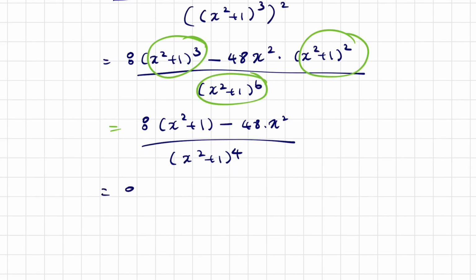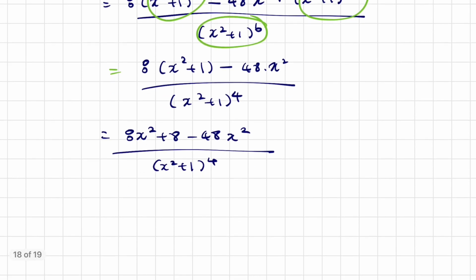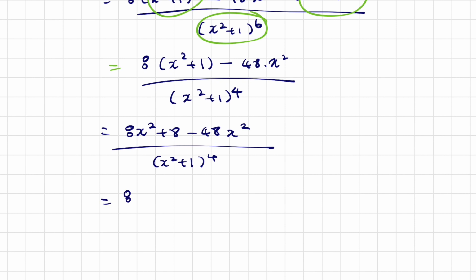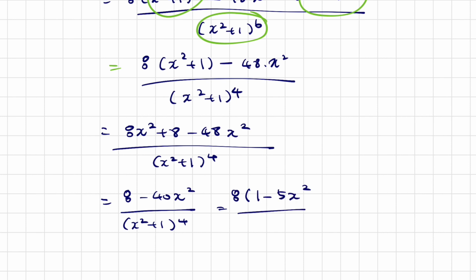Then we have 8x squared plus 8 minus 48x squared over (x squared plus 1) to the power of 4. This is the same as 8 minus 40x squared over (x squared plus 1) to the power of 4. Then simplifying the numerator gives us 8 times (1 minus 5x squared) over (x squared plus 1) to the power of 4.